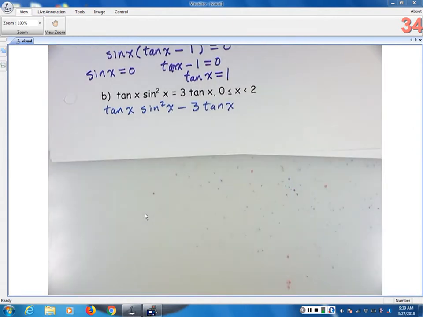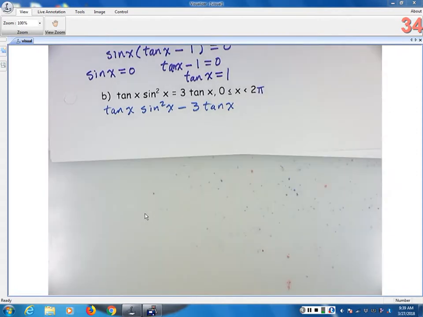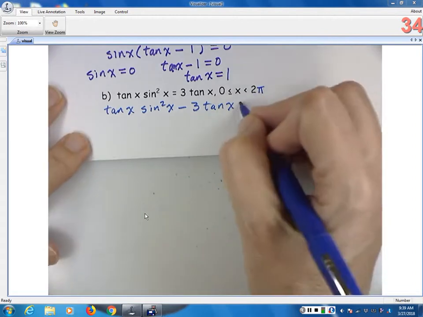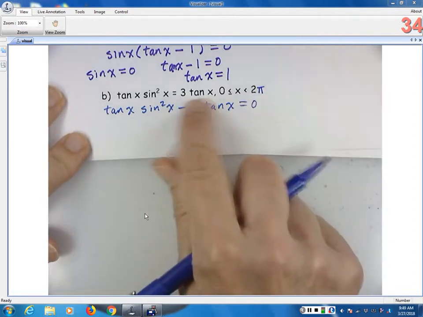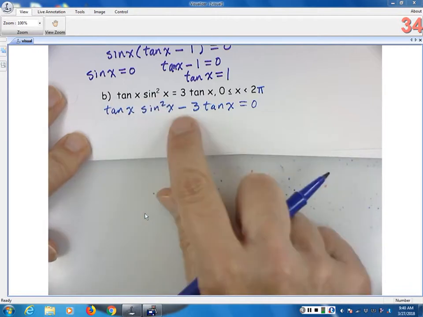I wonder if that's a typo. Oh yeah, there's a typo here. And that equals 0. We subtracted the 3 tangent x. It's not like terms with this, so we just subtract it.